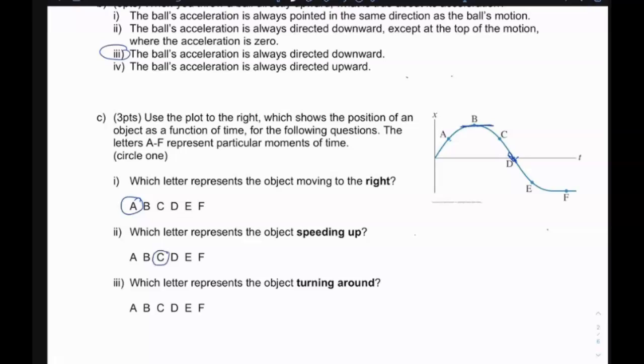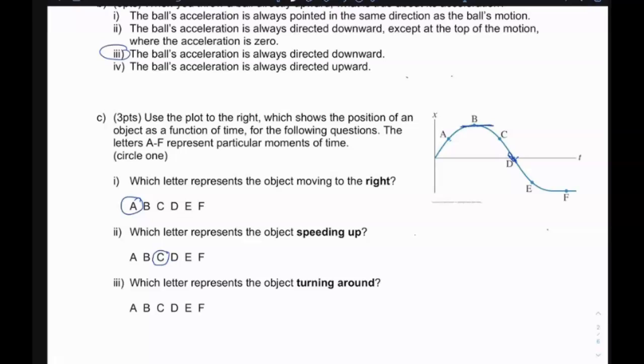And then the third part of question C is, which letter represents the object turning around? Well, at point B, the velocity is 0, as we've said. At point A, the velocity is positive, and at point C, the velocity is negative.